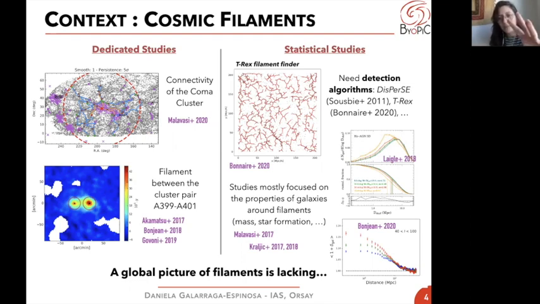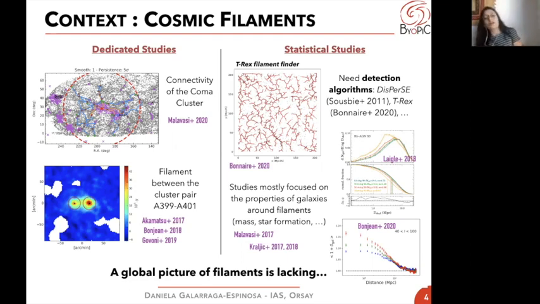These statistical studies are mostly focused on the properties of galaxies around the filaments. The aim of these studies has not been to characterize the filaments as structures, but rather to focus on whether the galaxies are more or less star forming at the core of the filament or at the outskirts.